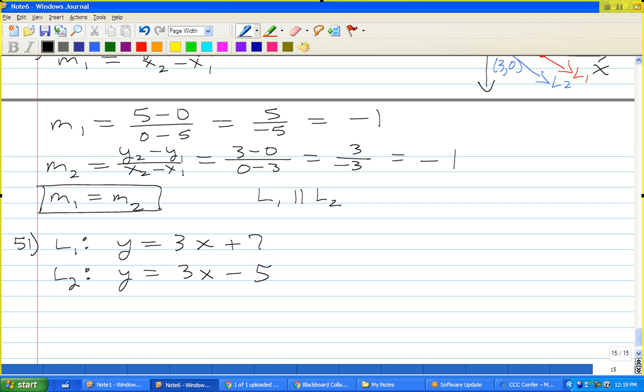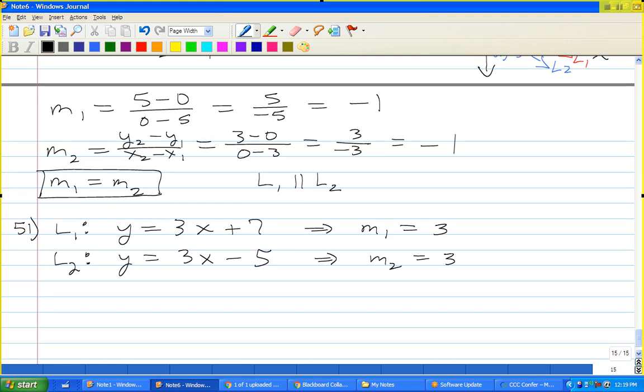Okay, so in exercises 51 through 78, determine whether the pair of lines is parallel, perpendicular, or neither. Okay, so let's check if these are parallel or perpendicular. Well, the slope of this first line is 3. The slope of the second line is also 3. Since the slopes are equal, then these two lines are parallel. So these are parallel lines.